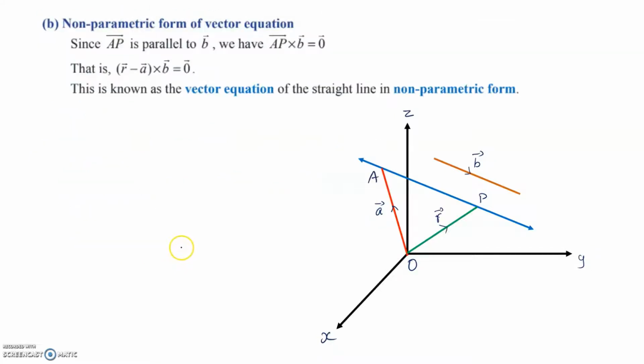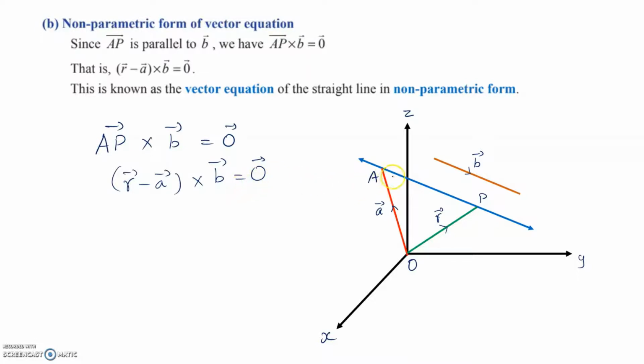The second method is called the non-parametric method. In this method, we don't use a parameter. Before I explain all of this, let me just put it down for you. We know that AP cross vector B will be the zero vector because they are both parallel. And we can say that the vector R minus A, which is my AP, cross B is equal to 0.